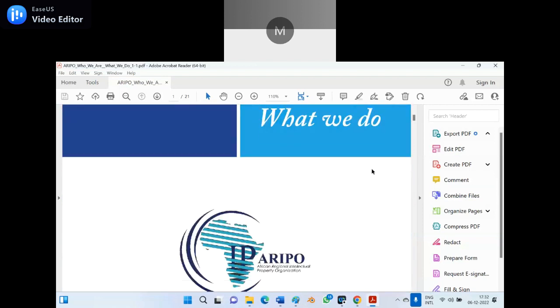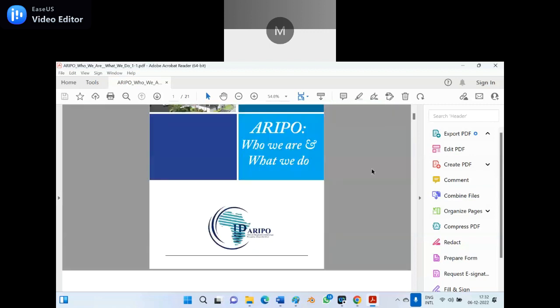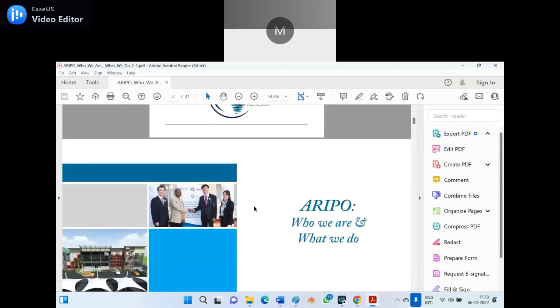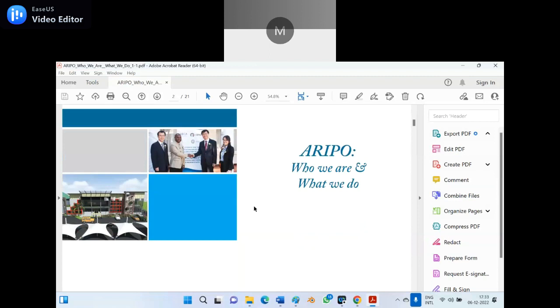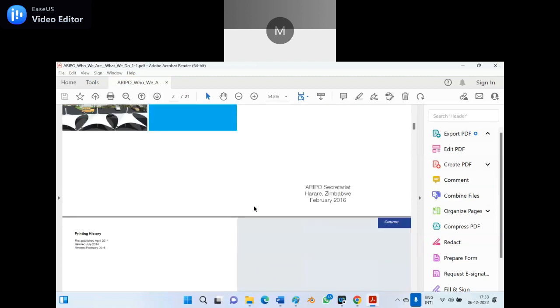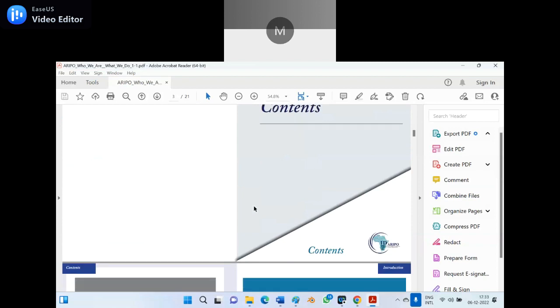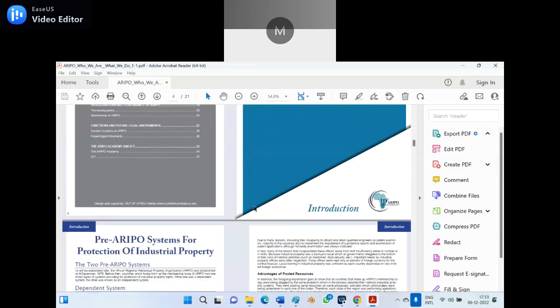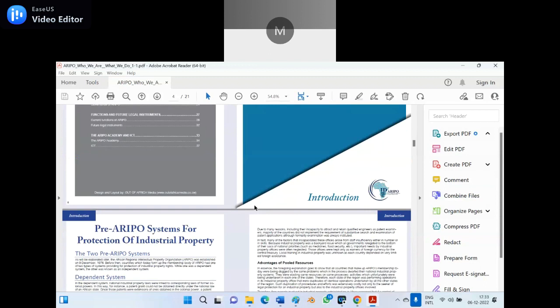This is the logo of ARIPO, the sign, symbol or trademark, and these are the people, the members. Let us see the contents. They have given an introduction, and both the way it is written.